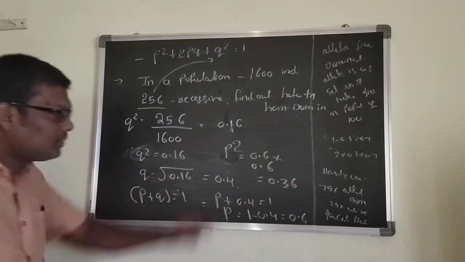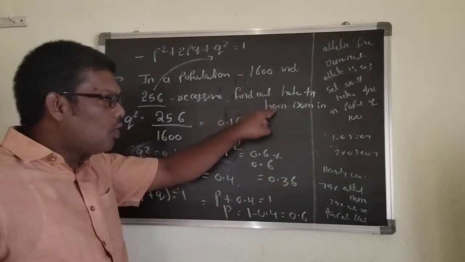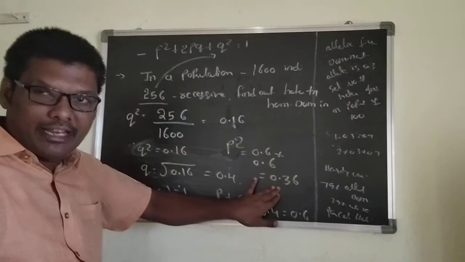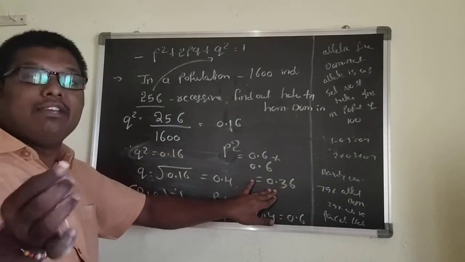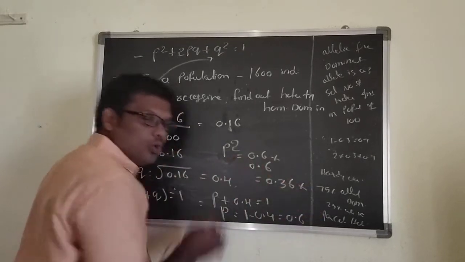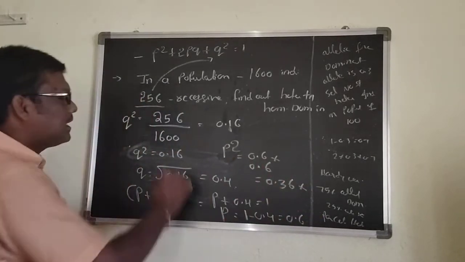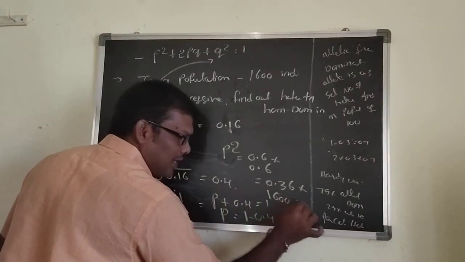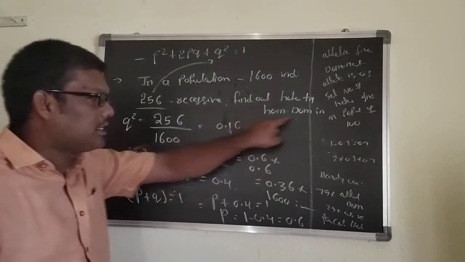You get 0.36. But they asked for homozygous dominant individuals. This is a frequency. If they ask for individuals, it is frequency into total number of individuals. Here the total number of individuals is 1600, and you get the answer. Now one is finished.